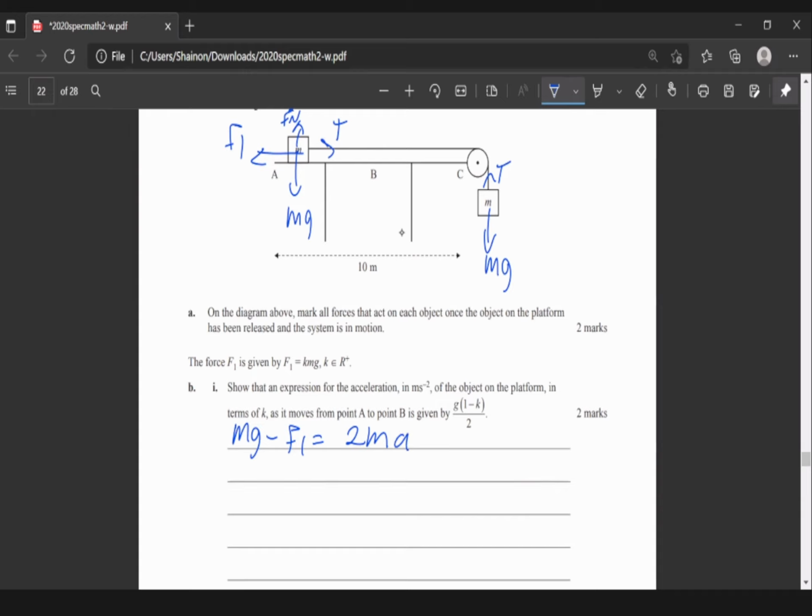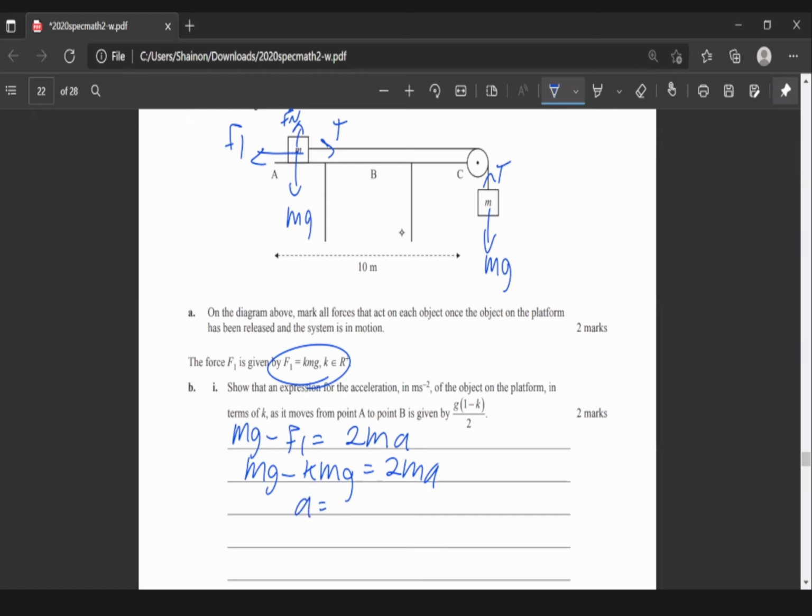So F net equals mg minus F1. Then mg minus kmg, since we know F1 is here, equals 2ma. So then we just solve for a.